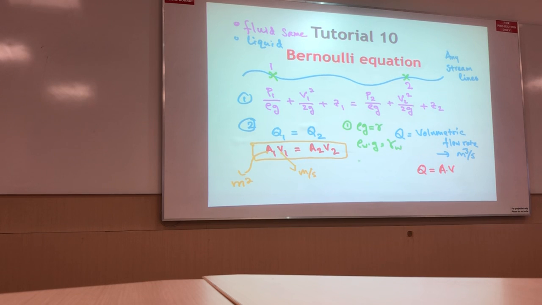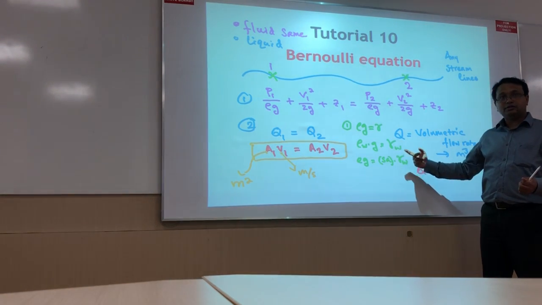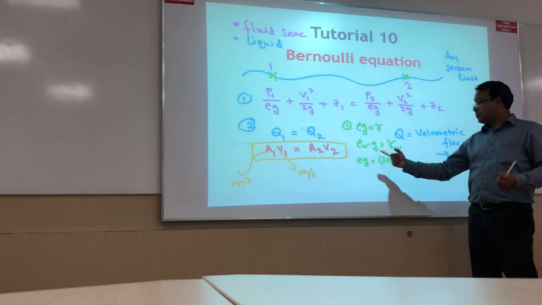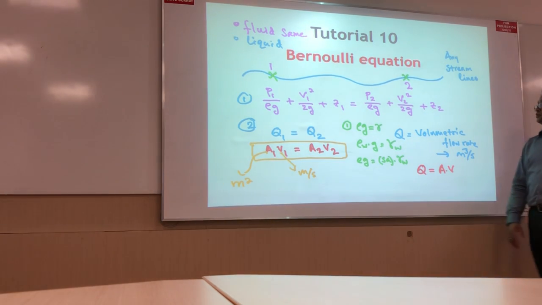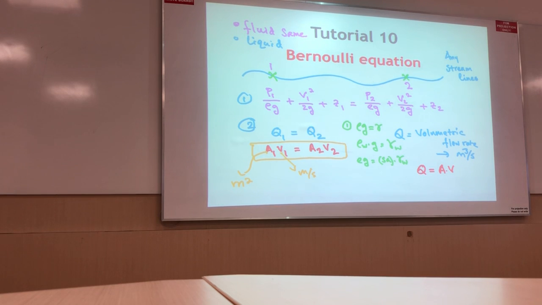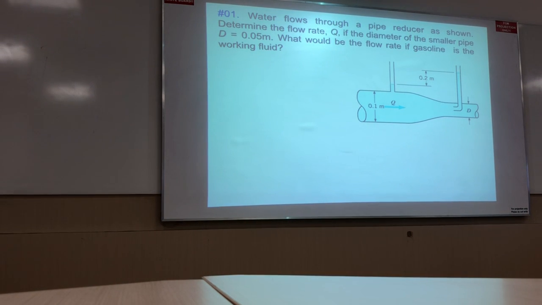So rho g becomes specific gravity times gamma w, right? Same thing. I taught you this in my first lesson, right? So specific gravity is equivalent to density of fluid to density of water. All right. So we are using all these concepts for today's tutorial questions, which are quite easy actually, not too difficult.